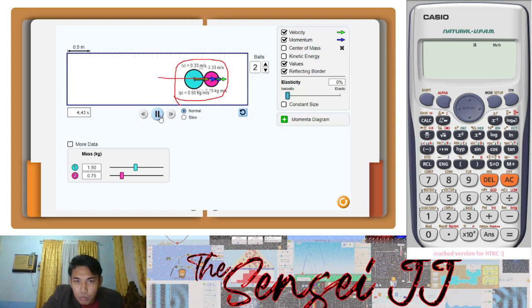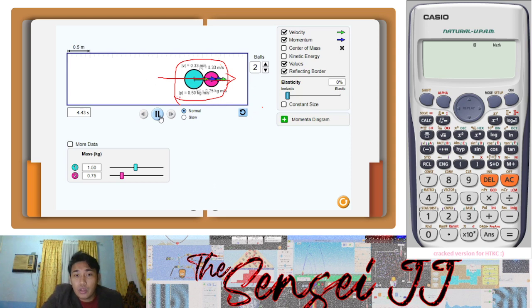They both move in the same direction. So you will see, guys, that they will both have the same velocity, which is 0.33 meters per second for mass 1 and mass 2.